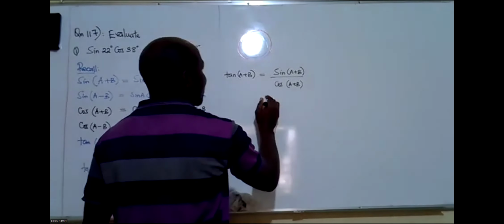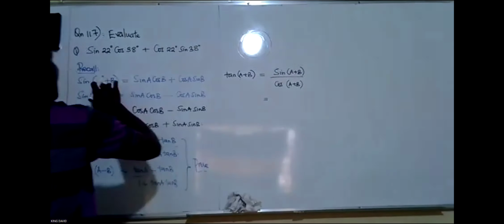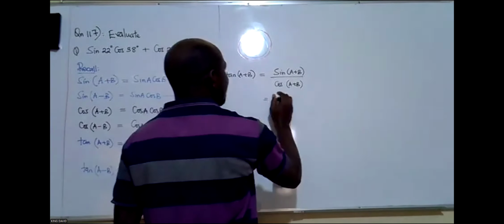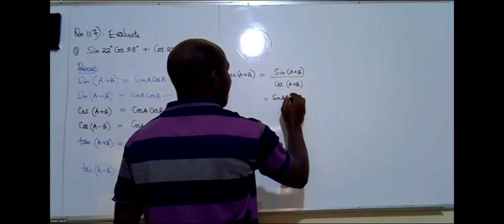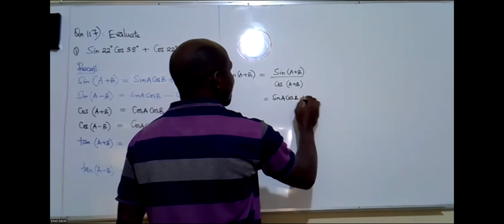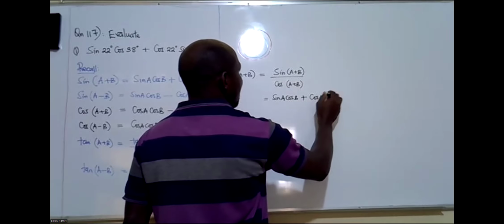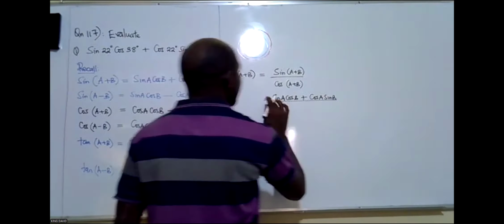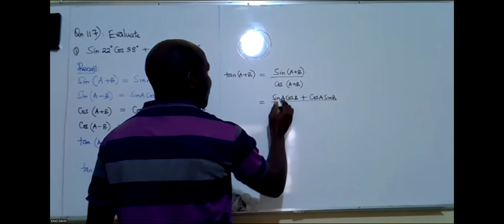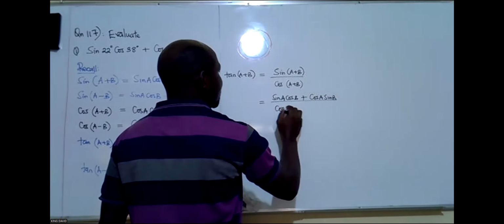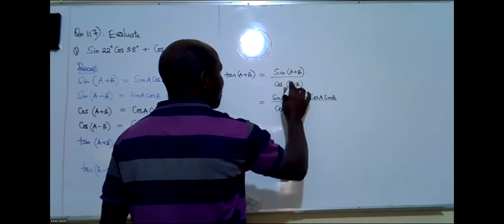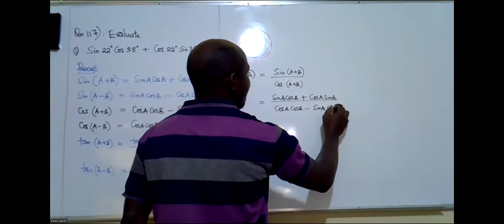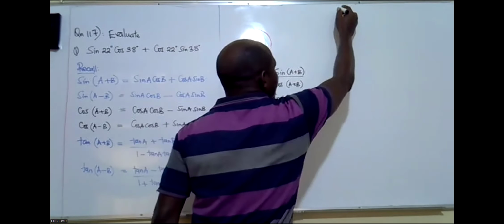So when you use the compound angle formula for sine A plus B and cos A plus B, this is going to be sine A cos B plus cos A sin B, then out of, for cos, cos A cos B, a plus, we shall have a minus, sin A, sin of B.